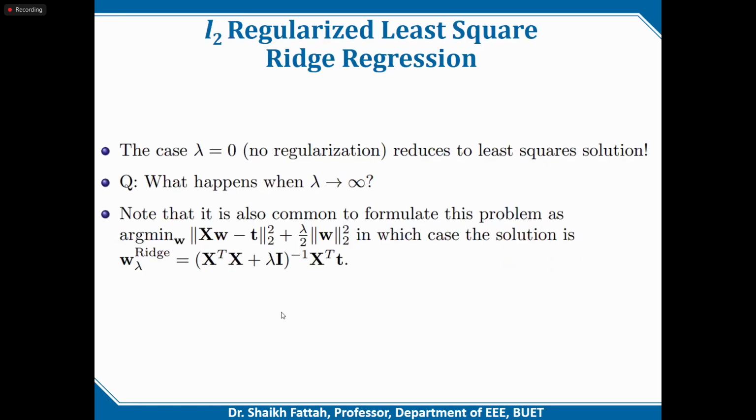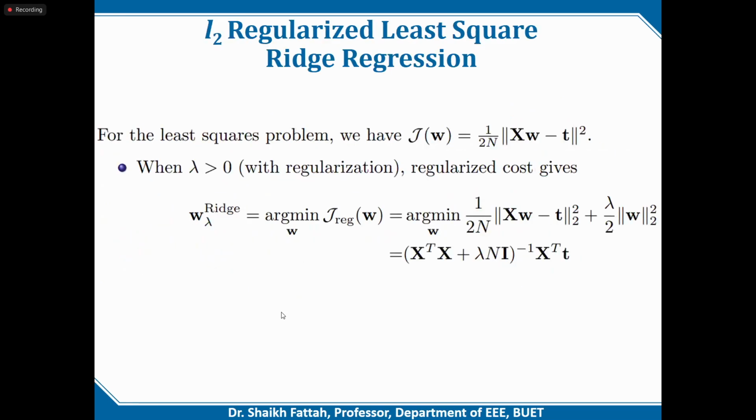This part will have an additional part, which is nothing but this: X transpose X plus lambda n I. I is an identity matrix. N is the number of data points. Only this much will be added there. So I hope you understand the concept that you can add a regularizer to get a better control with the controller lambda.